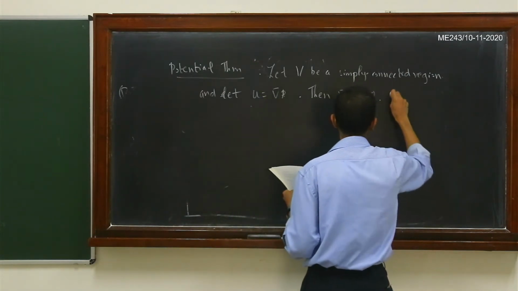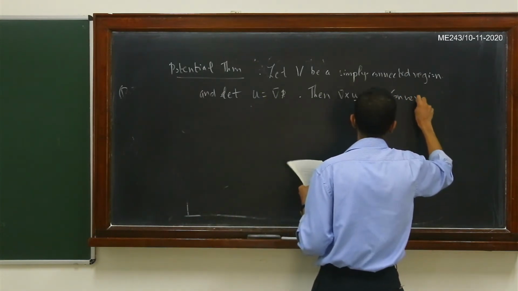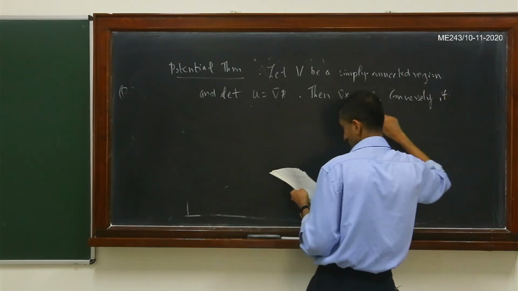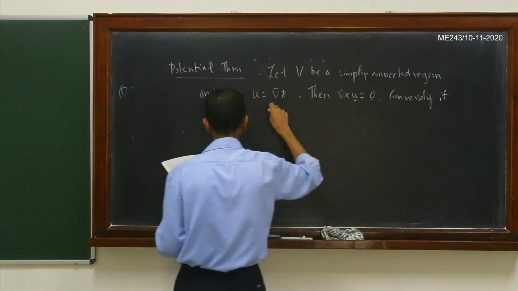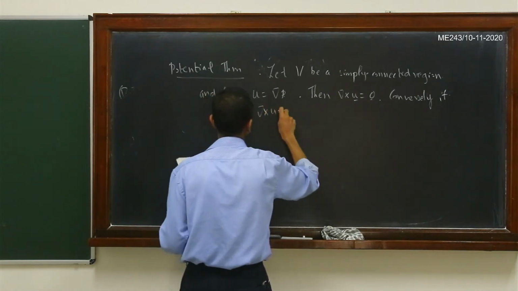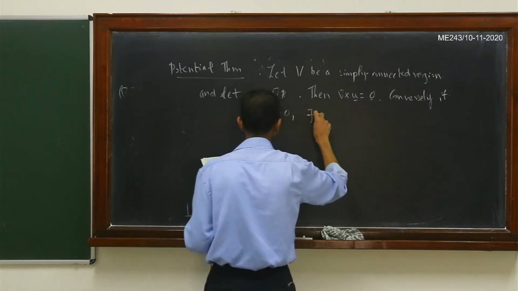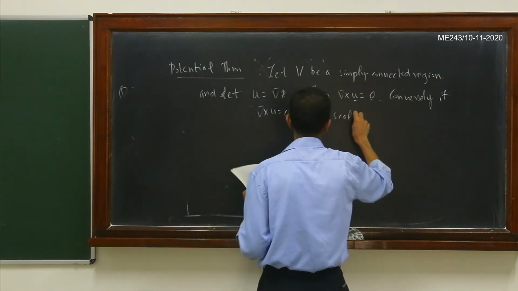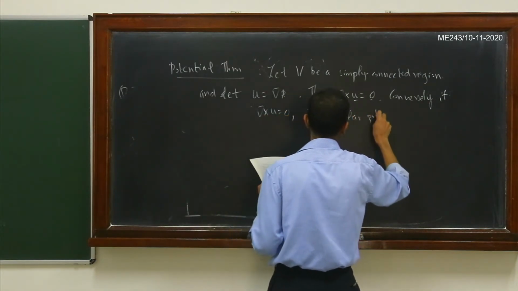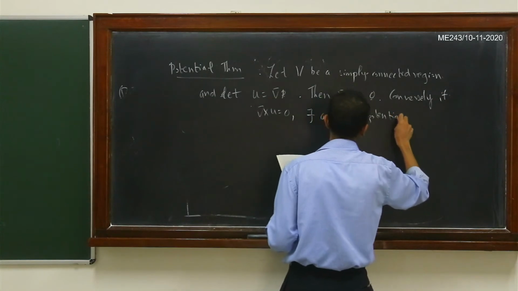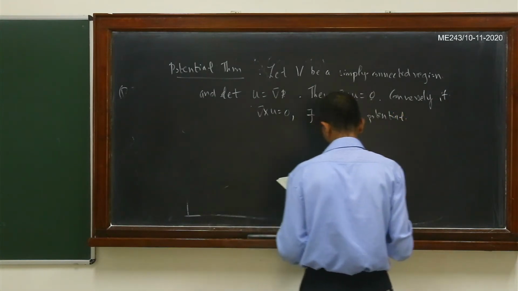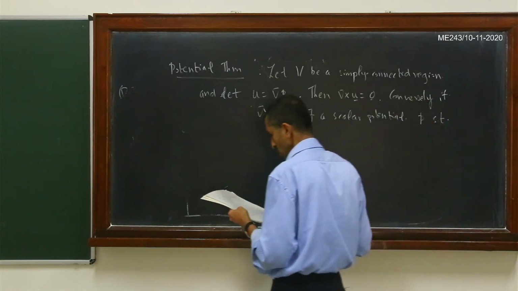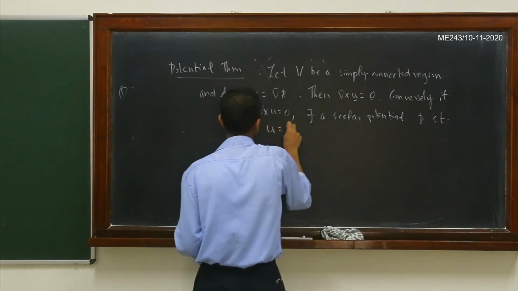Conversely, if ∇×u is equal to 0, then there exists a scalar potential φ such that u is equal to ∇φ.